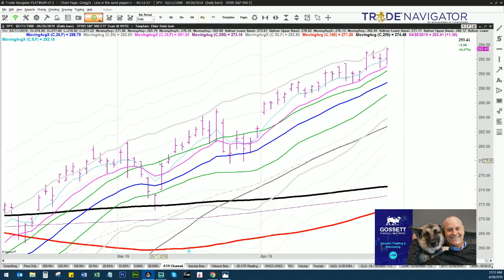So here's the 1 ATR, here's the 2, here's the 3, here's the 4, here's the 5, and here's the 6th ATR channel. And what is an ATR channel? An ATR channel measures the average movement of the price bar over a certain amount of days.